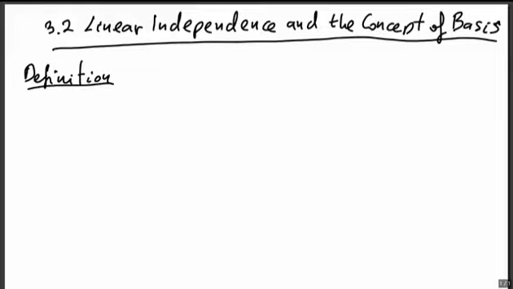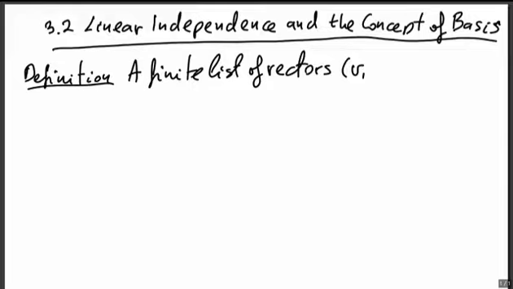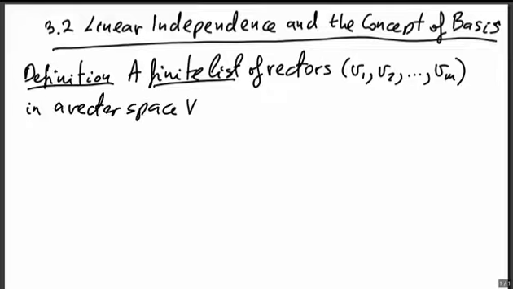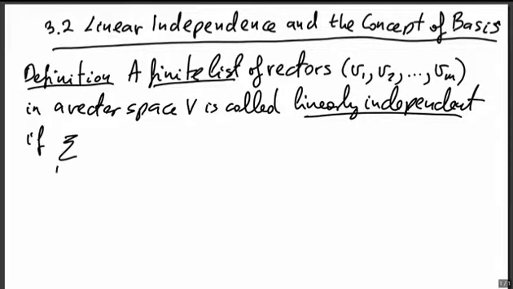A finite list of vectors denoted by v1, v2, and so on up to vm. So this is a finite list. In a vector space V is called linearly independent if the sum as i goes from 1 to m of ai vi equals the 0 vector.